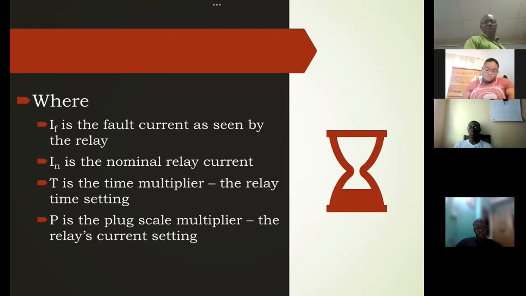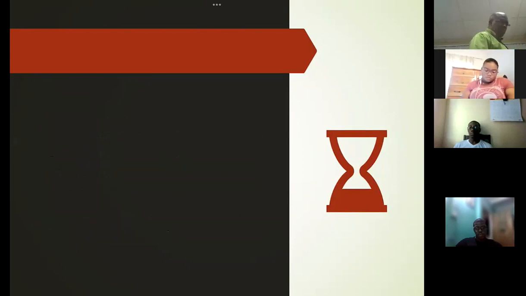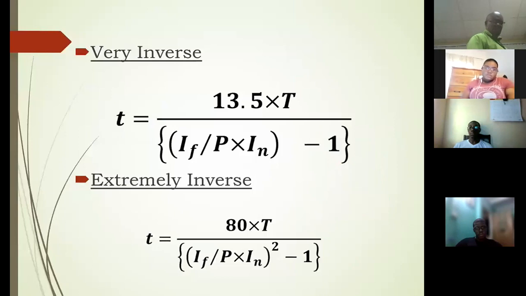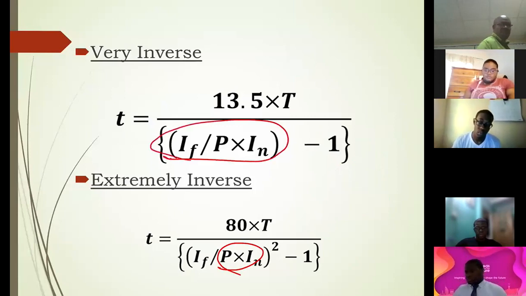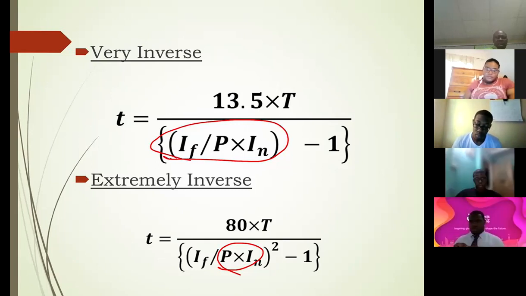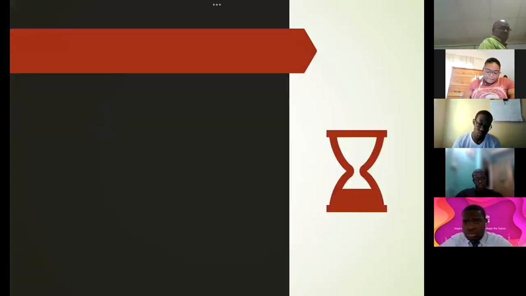What the denominator is really giving you here would be the plug setting. And so IF over PIN would be giving you the multiplier in terms of what you are seeing during the fault. But I'm giving you the PIN because the example that we use would require that information. But don't get too thrown off by it.